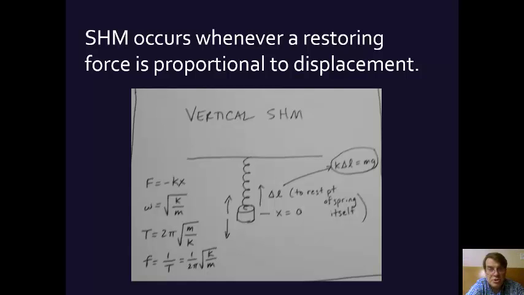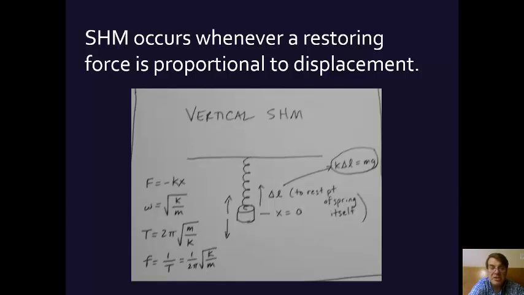So the restoring force is going to equal negative kx, where x is measured from the mass-plus-spring equilibrium point. The angular frequency is still going to be the square root of k over m. The frequency is still going to be the angular frequency divided by 2 pi, so 1 over 2 pi times the square root of k over m.